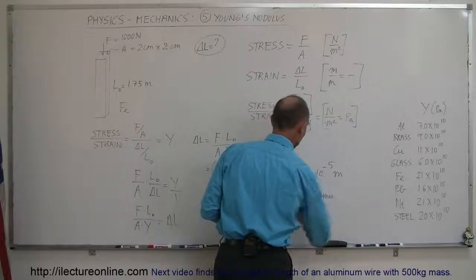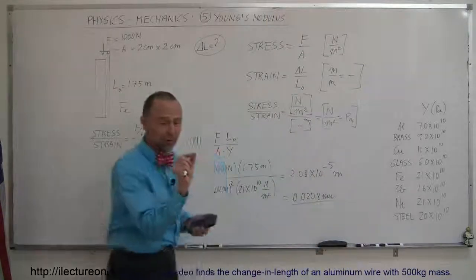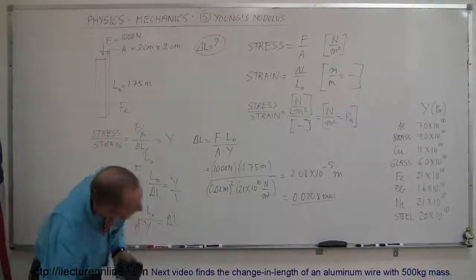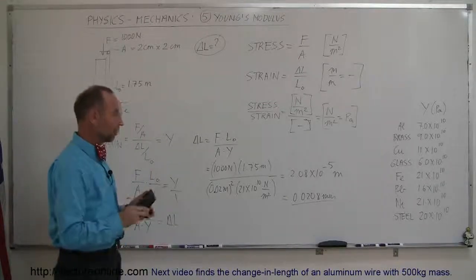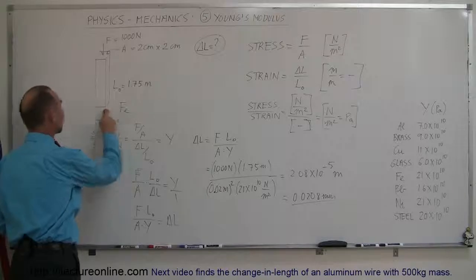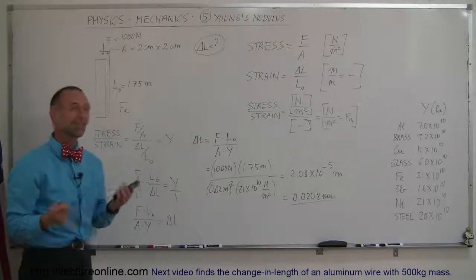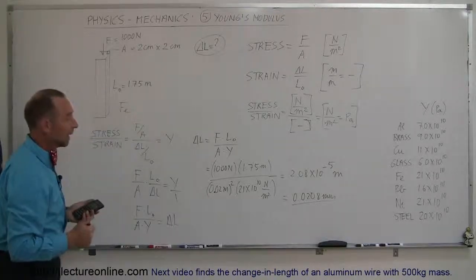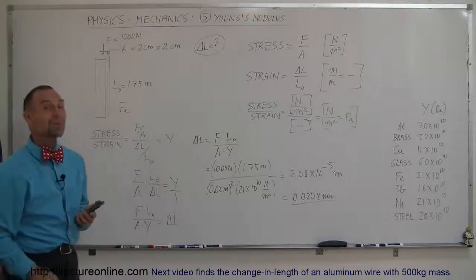If you know what a millimeter is, that's a very small distance. So you can see that even with a force of 200 pounds, a steel beam like this, 2 centimeters by 2 centimeters, that's less than an inch, you would not deform the beam very much in length.